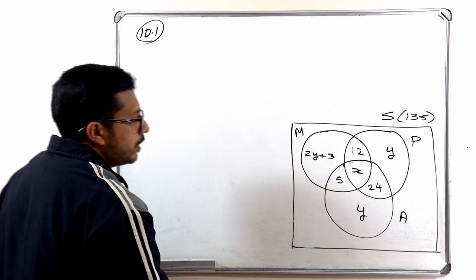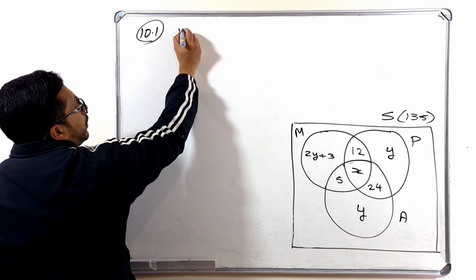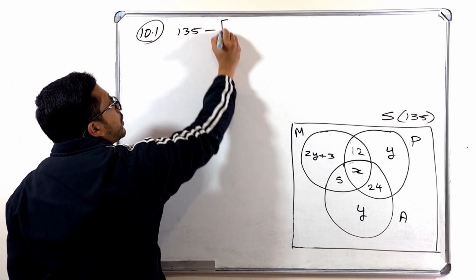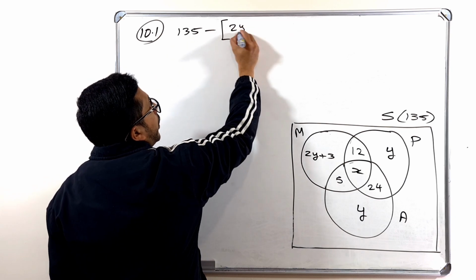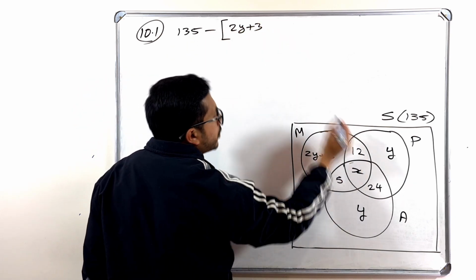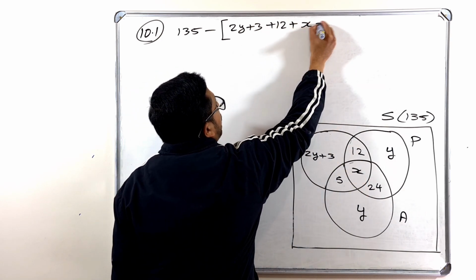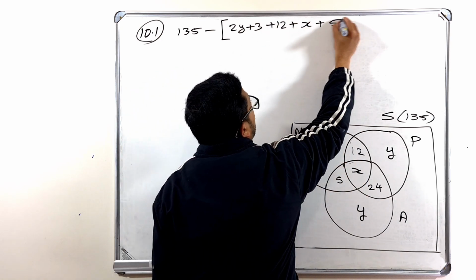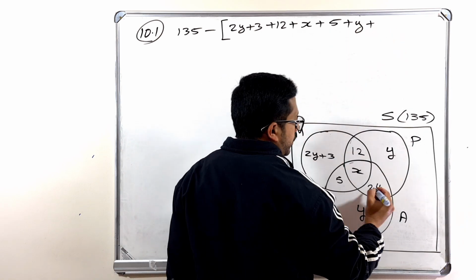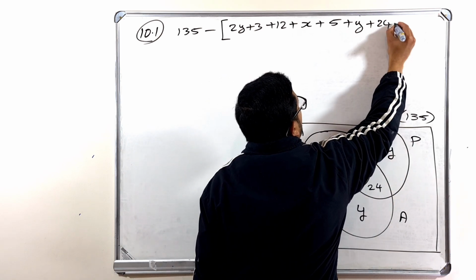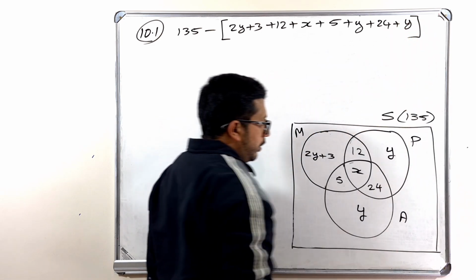Let's see what the number is here. 135 minus the sum of all these things. Let's start with 2y plus 3 plus 12 plus x plus 5 plus y plus 24 plus y. I think I included everything.